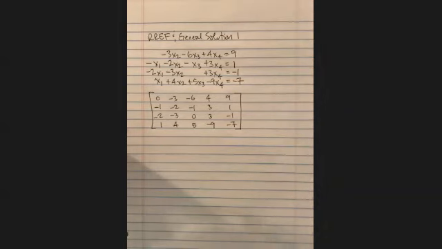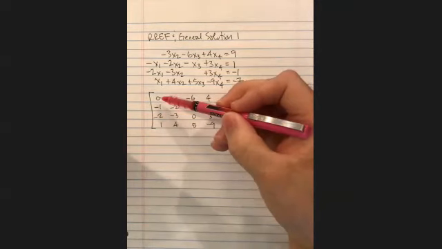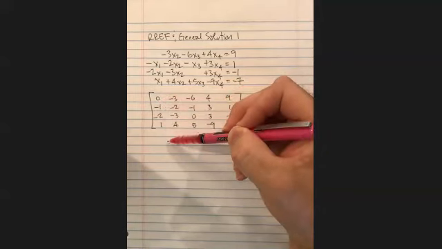So the way we want to begin with finding the reduced row echelon form, I always say get a 1 in the first row, first column, and then use that 1 to zero out the rest of the column.